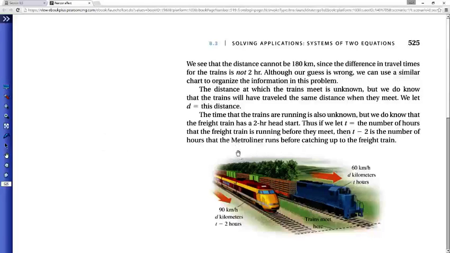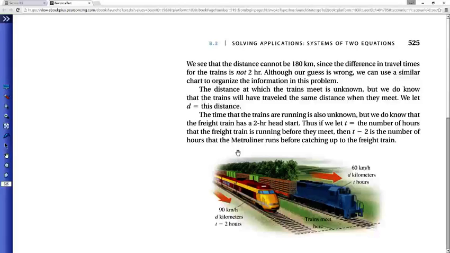Now the time that the trains are running is also unknown, but we do know that the freight train has a 2-hour head start. Thus, we can let t equal the number of hours the freight train is running before they meet. Then t minus 2 would be the number of hours the Metroliner runs before catching up with the freight train. Now let me say that again.